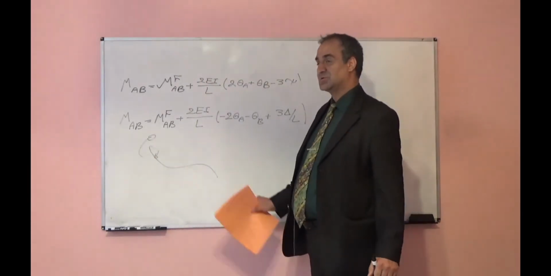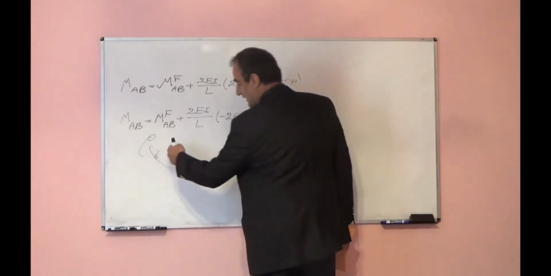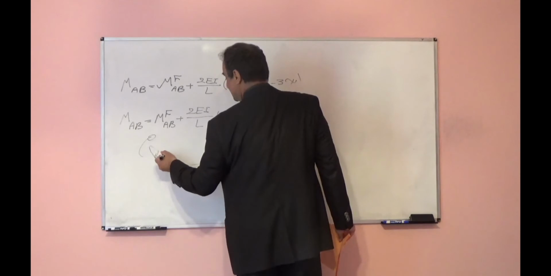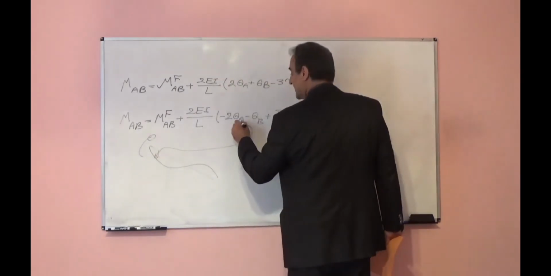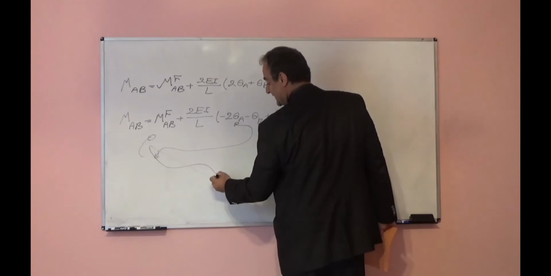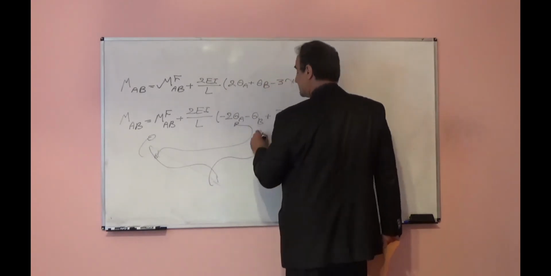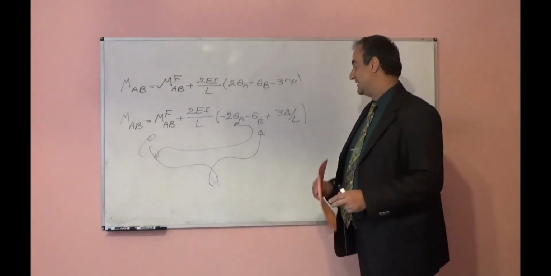Since I assume counterclockwise is positive, clockwise rotation will be negative, so you plug negative here, and negative becomes positive. Again, this theta B is clockwise, so you plug negative.